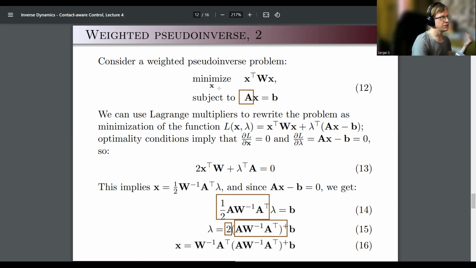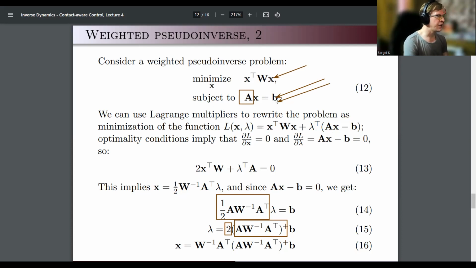Why wide? If A was, for example, a full-rank square matrix, what would we have? We would have a single solution here. This would make it irrelevant what the cost is. The problem only has one solution.